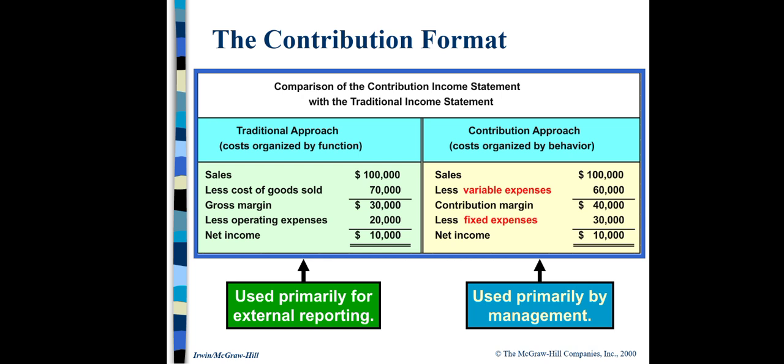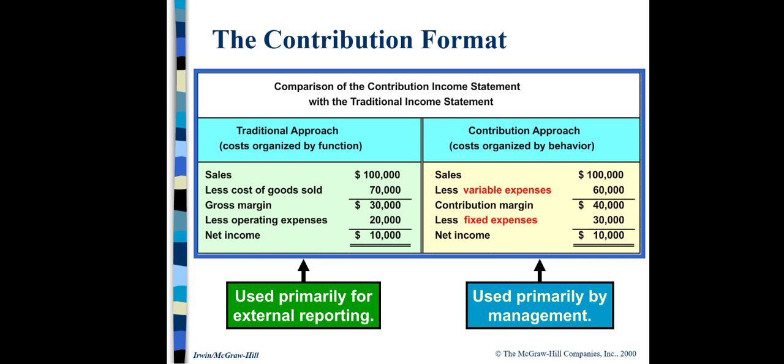This is the comparison of the contribution income statement with the traditional income statement. Ini perbedaan antara traditional approach dengan contribution approach, where the traditional approach is used primarily for external reporting, and the contribution approach is used primarily by management.